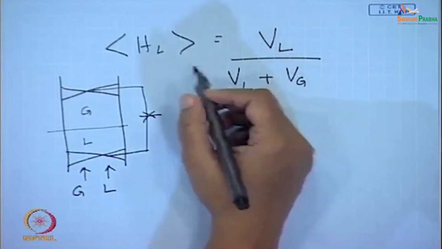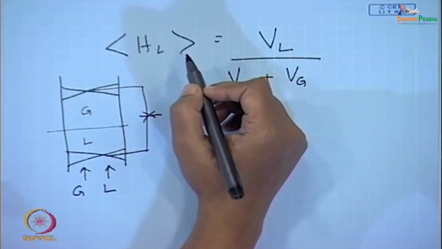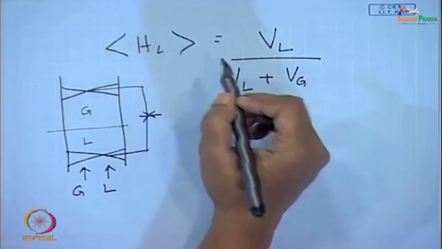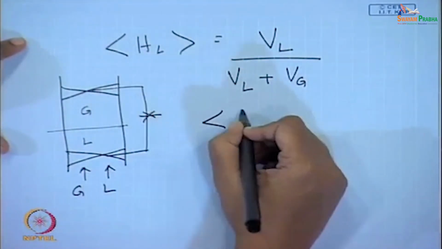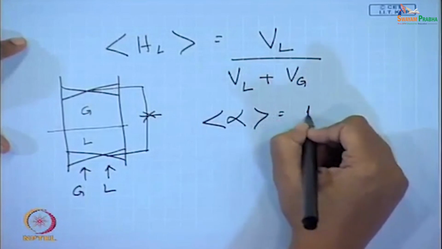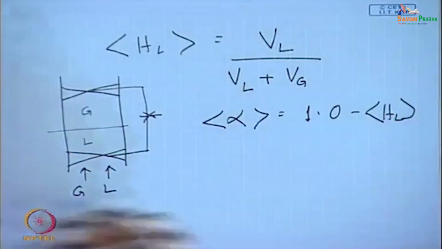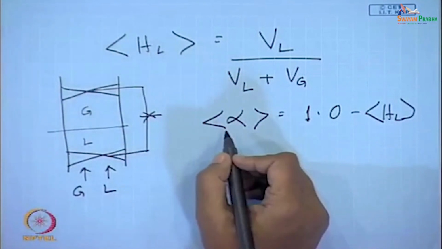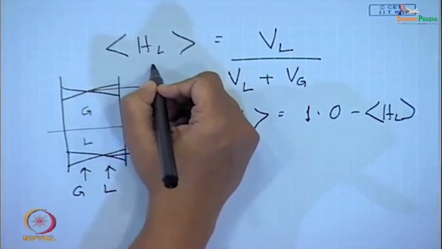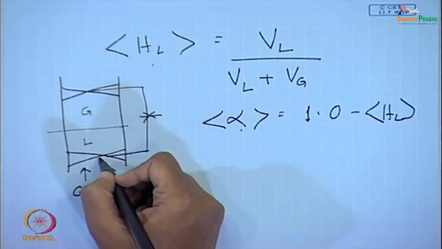So, this is the single most important parameter as far as two phase flow is concerned, and we can relate it with the gas voidage by using this particular equation. Now, remember one thing, when the flow is not uniform, it is not possible for us to measure either alpha or HL over a large length of the pipe, as I have shown in this particular case.